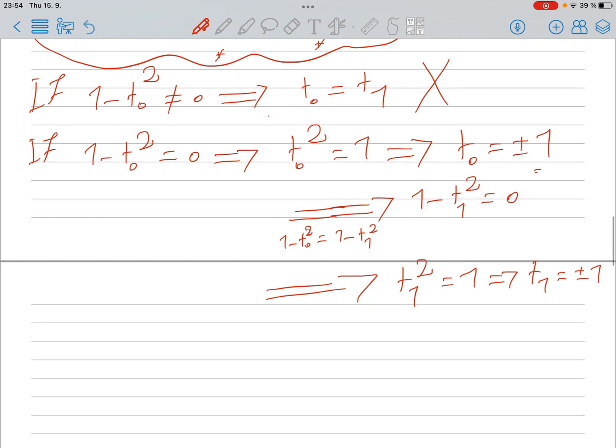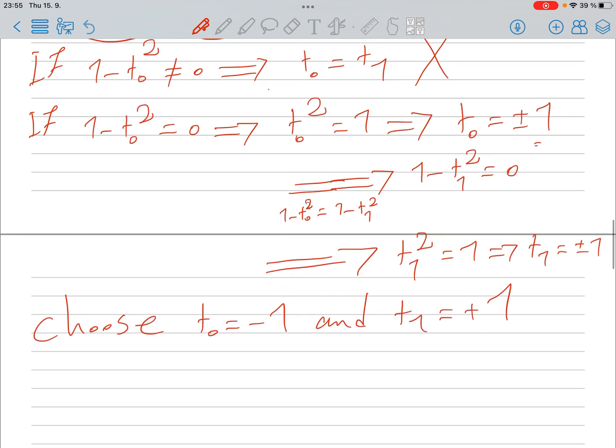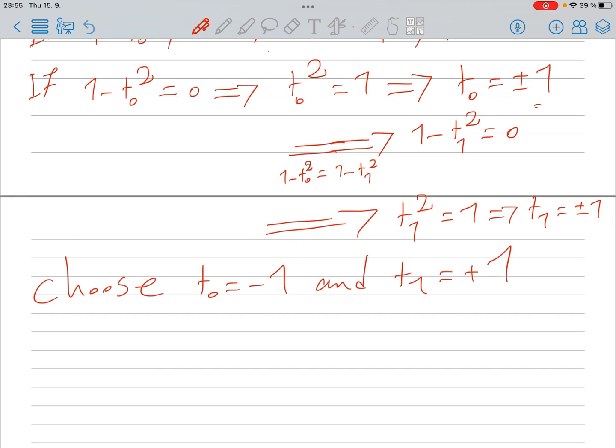So therefore, if you choose t0 equal to negative 1 and t1 equal to positive 1, you can easily check that f of t0 and g of t0 is equal to f of t1 and g of t1.